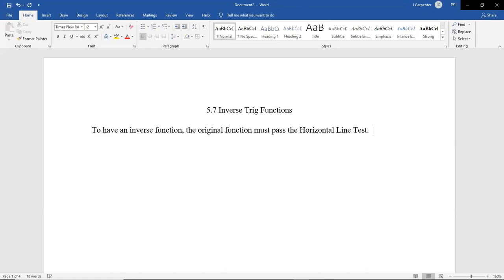The reason the inverse idea has a horizontal line test is because what you do to get an inverse function is you change x and y coordinates completely. Left becomes down, right becomes up.